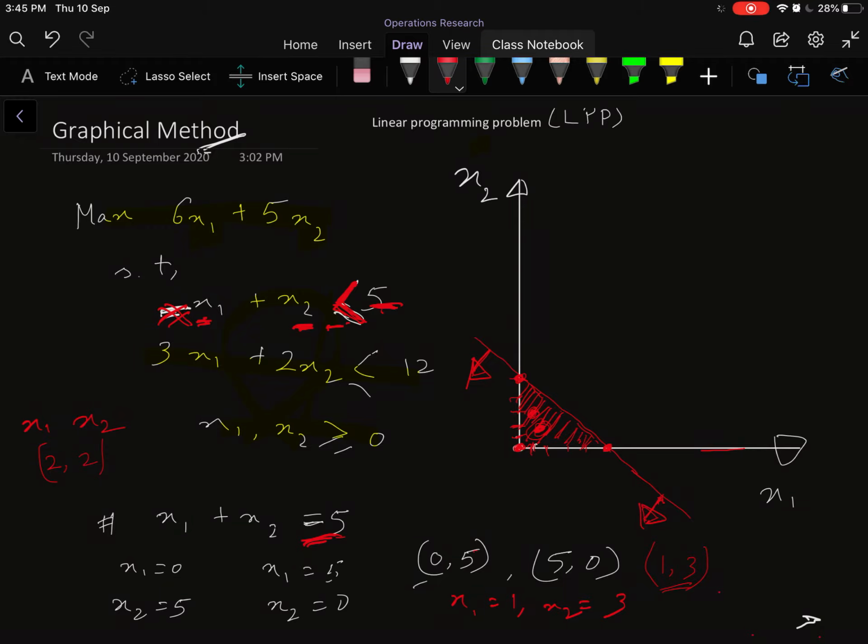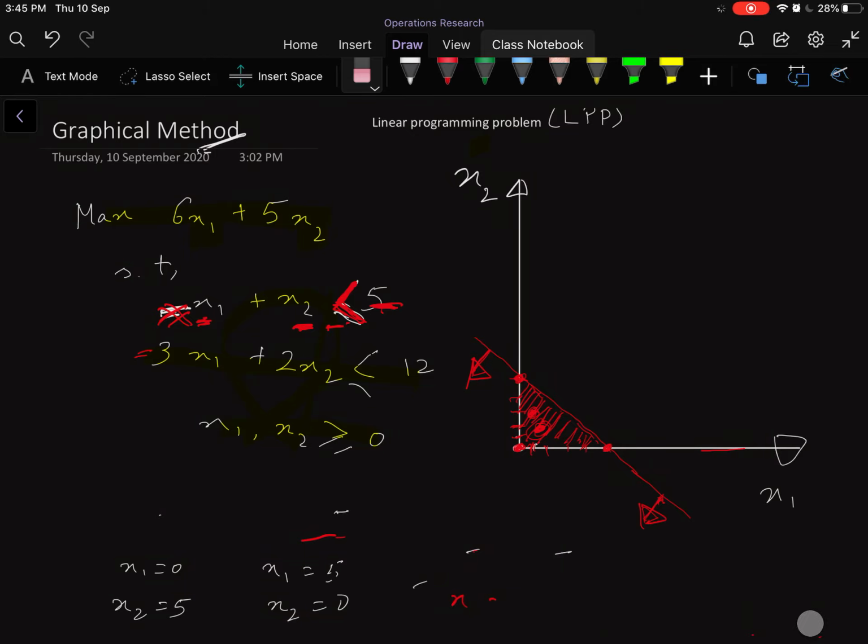Then let's come to this constraint. Let me just rub this space so that I can have more blank space available to myself for further calculations. Okay, so now we would be considering this constraint.